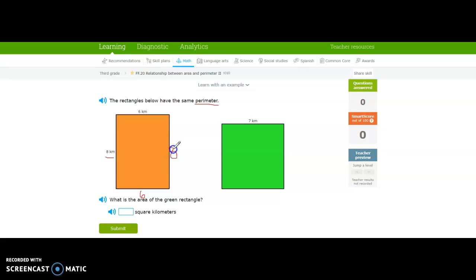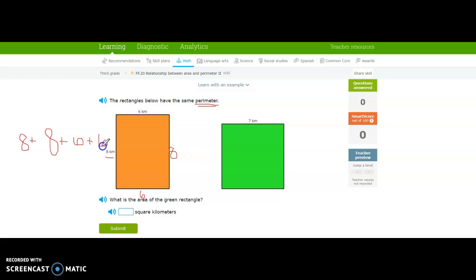So to find the perimeter of this orange rectangle, I'm going to say 8 plus 8 plus 6 plus 6 is equal to what? It's hard to write on the computer, guys.